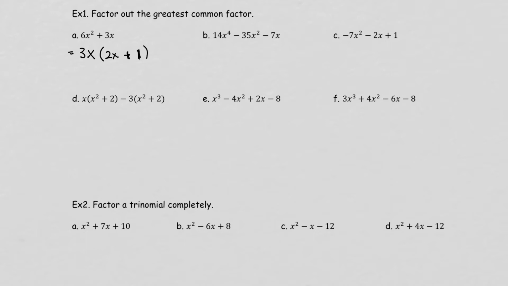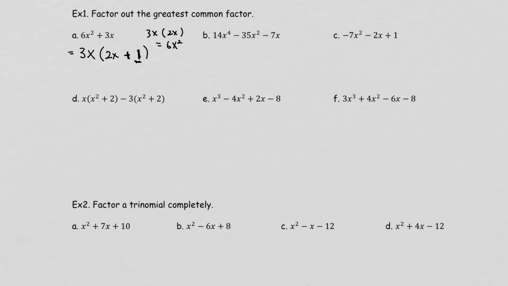If you do 3x times 2x and don't write the placeholder plus 1, then when you multiply back, you only get 6x squared, which is not what we started with. So make sure we write the placeholder.